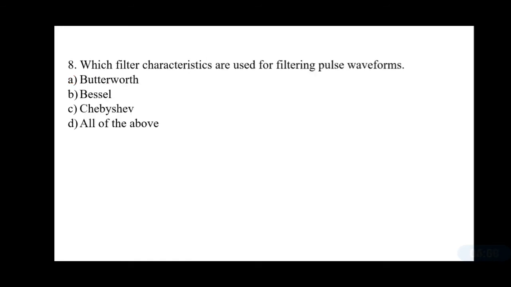Next, which filter characteristics are used for filtering pulse waveforms? Option A Butterworth, option B Bessel, option C Chebyshev, and option D all of the above. The correct option is B. Bessel filter characteristics are used for filtering pulse waveforms.